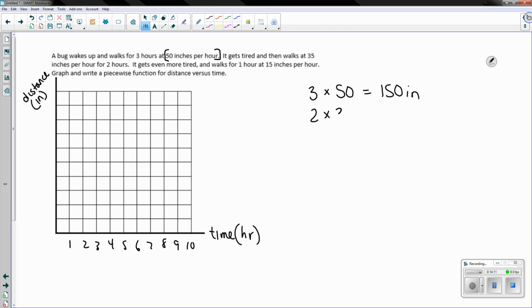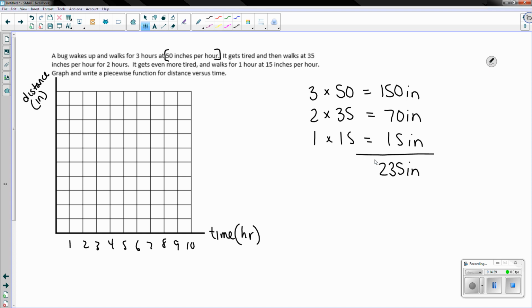So 2 hours times 35 inches per hour, another 70 inches has been traveled. And then 1 hour at 15. So if we add up these inches that are traveled in each segment, we see that we will have gone 235 inches total. So 235 inches total in distance have been accumulated.